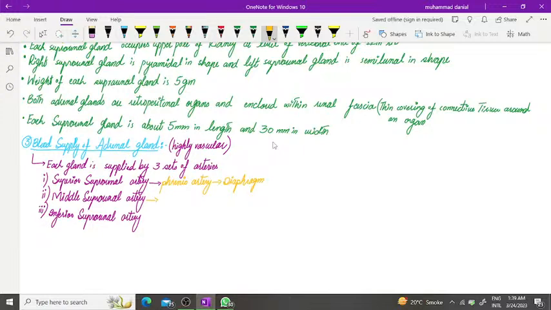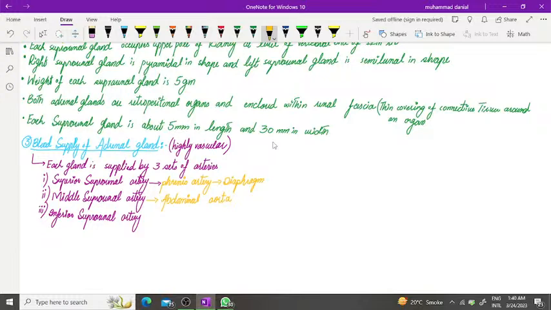Now come towards the middle suprarenal artery. This is the branch of the abdominal aorta, the aorta which is coming downward in the abdominal region and is going to supply the blood to the abdominal region.